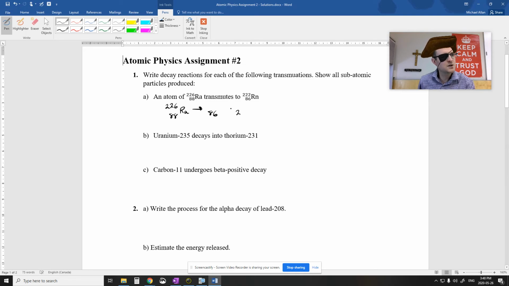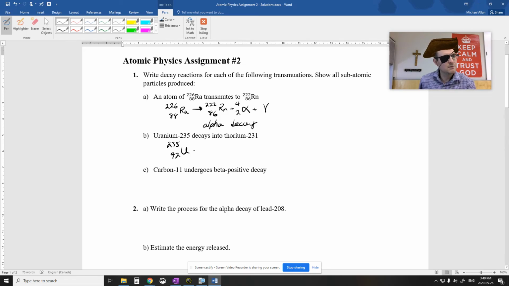So I have a little 2 over here. What else? On the top here, I've lost 4 things. Oh, so this is just alpha decay. And this is going to release the gamma radiation. So I'm just going to mention down here that this is alpha decay.